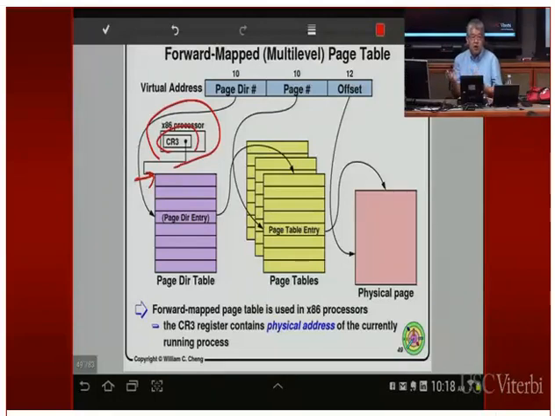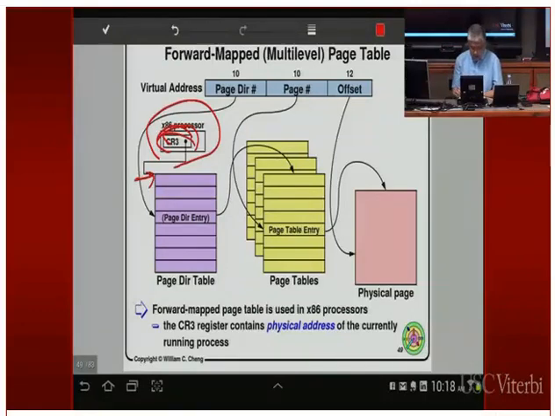Okay, when you switch to the kernel, of course, this also has to be changed. So as you trap into the kernel, you will see that in the Unix code, if you look around, the CR3 register is set so that the kernel can execute properly. And right before you return to the user process, again, you have to restore the CR3 register so the user process can use the correct page table.